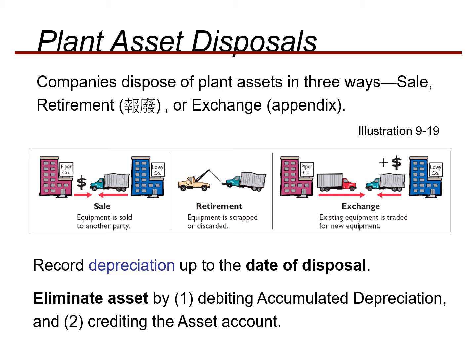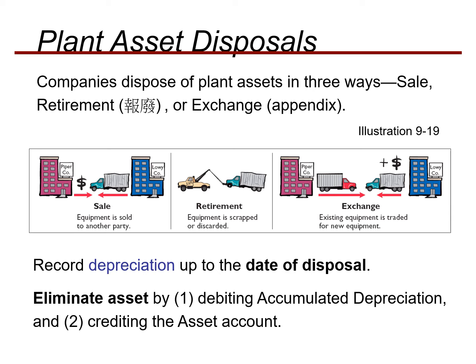Sale is when you sell that asset to another party. Retirement means that you can throw it in a dumping ground or scrap or discard it, because there is no resale value for that. In an exchange, you can exchange that asset for a more efficient asset by providing a certain amount of money and getting the new asset. So this is called exchange.